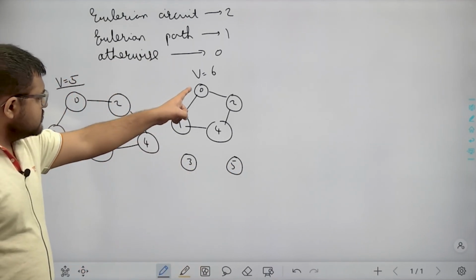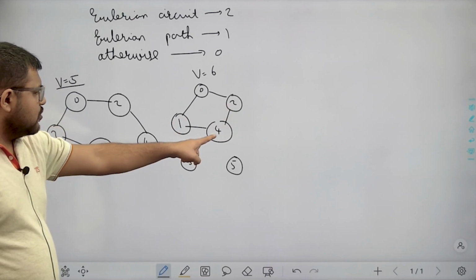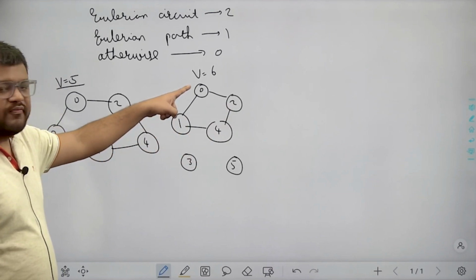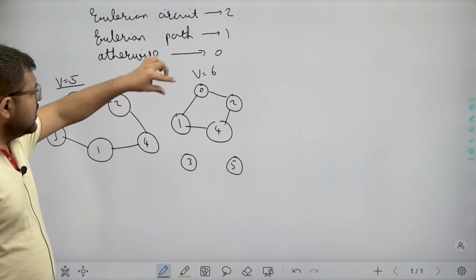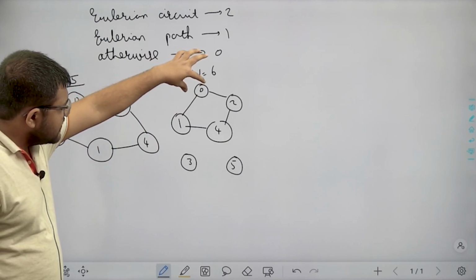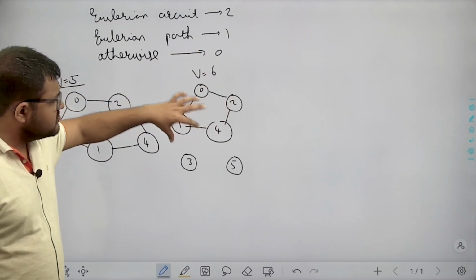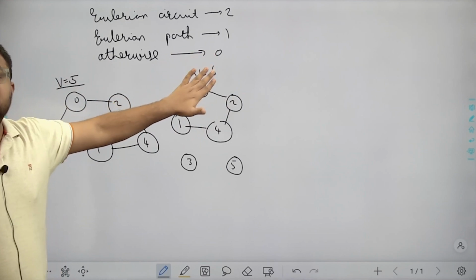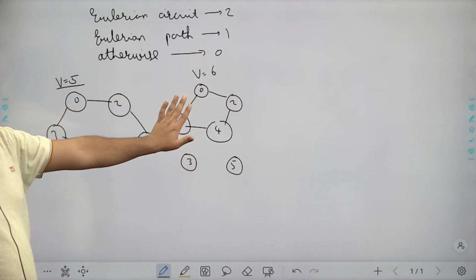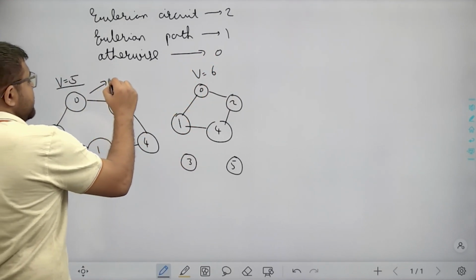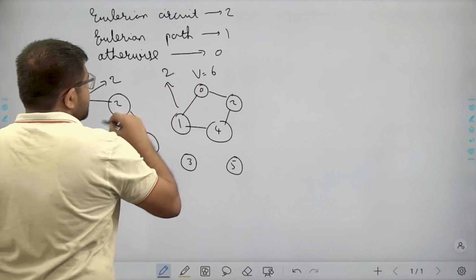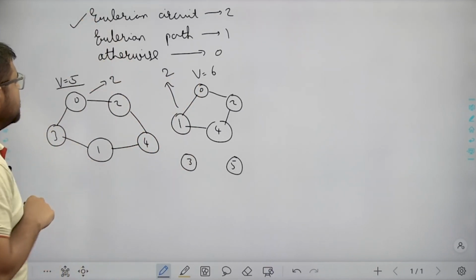Why? Because from 0 I can go to 2, from 2 I can go to 4, from 4 I can go to 1, and from 1 I can go to 0. Right? So I will start and end on the same vertex, and every edge present in the graph will be visited exactly once. So this also contains an Eulerian circuit. So here also I will return 2. So these are the two cases for this.